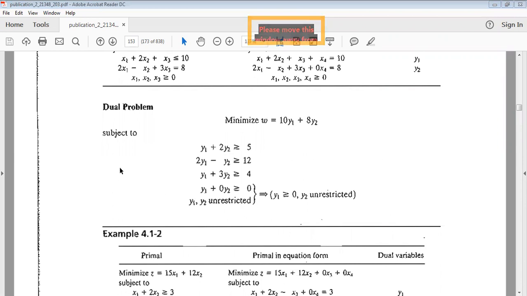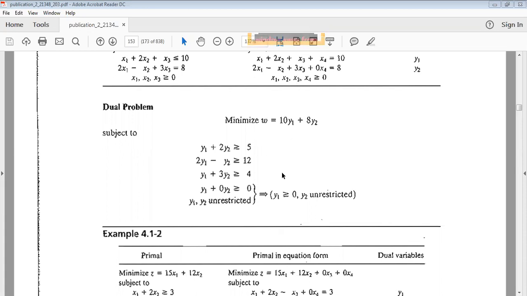You have to write a tabular form, insert all these things in the tabular form, and 5, 12, 4, all those things. Previously, we were accustomed to solving everything in terms of x1, x2, x3, all these things. But whereas we would like to solve the particular problem in terms of y1, y2, all these things. So create a horizontal table.